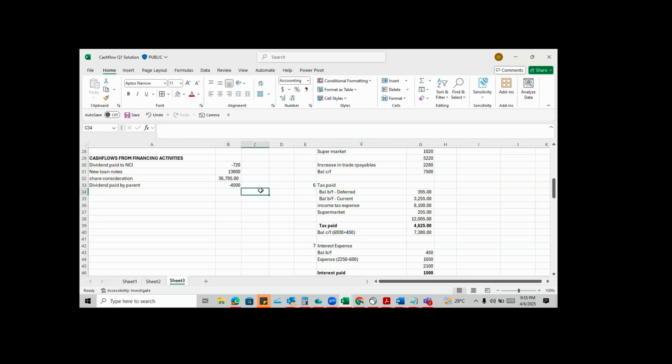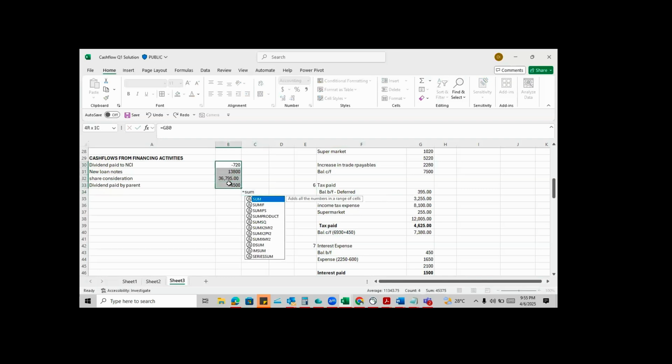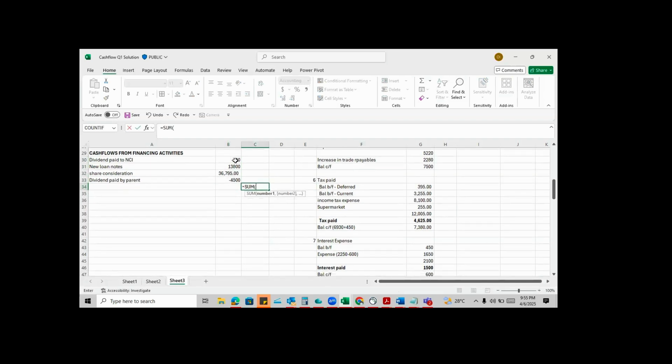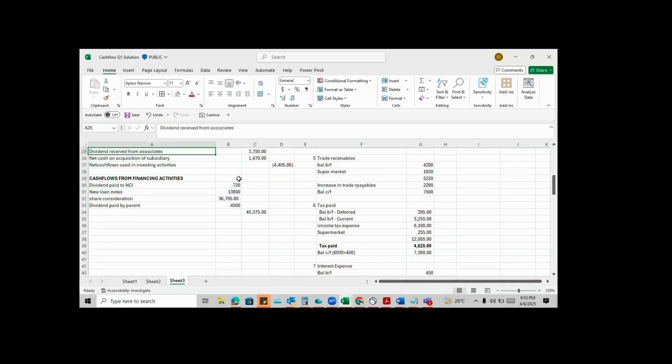Okay. So what we have here will be the sum of all this. Sum of everything you have here is how much? 45,375. Okay. And now this one is positive, right?